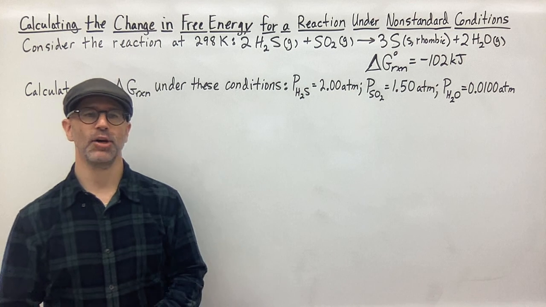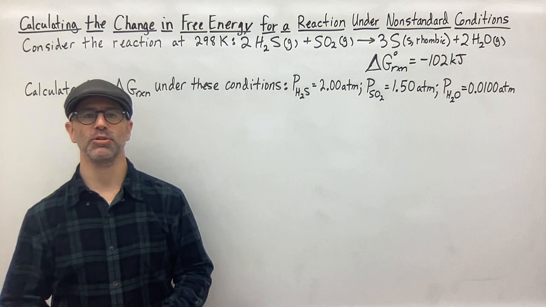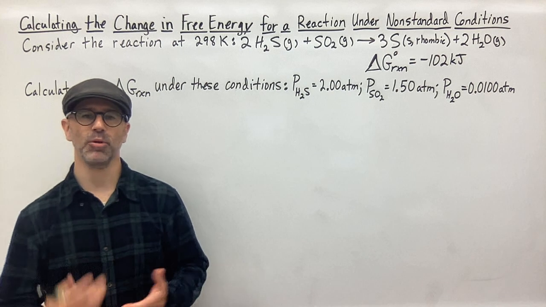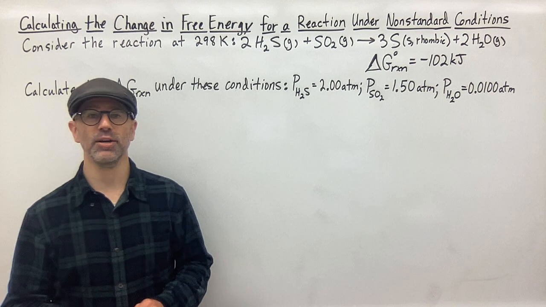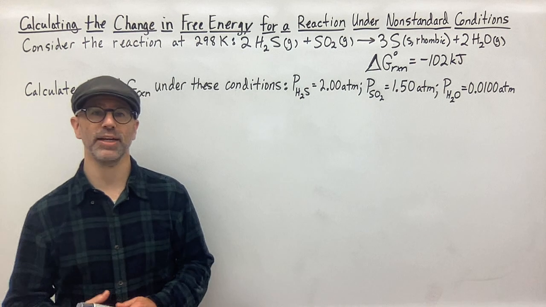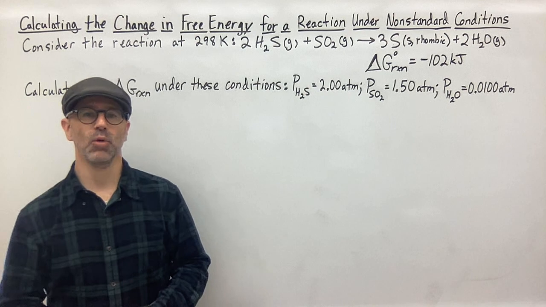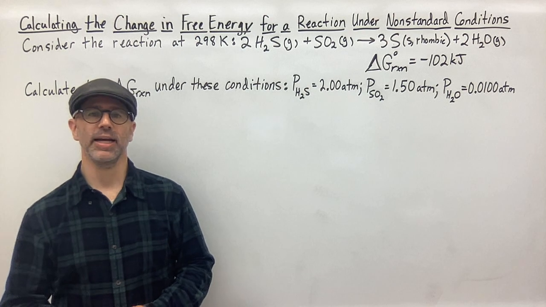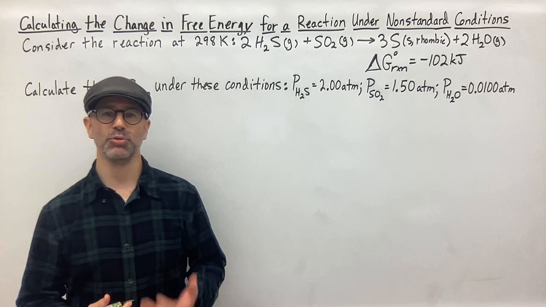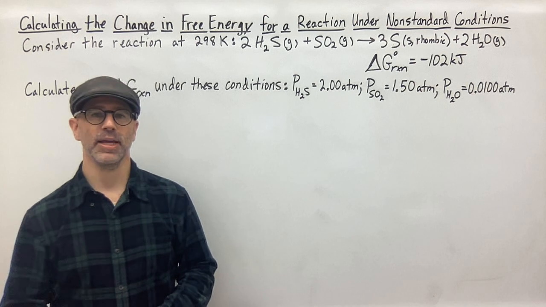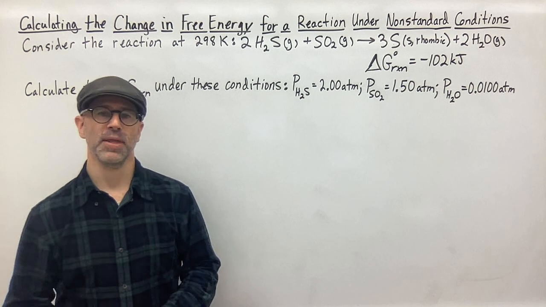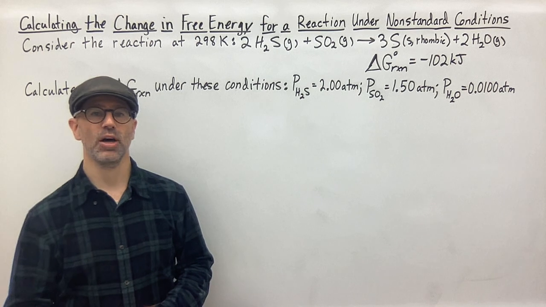So in my last video, I did a problem. So now in this video, I'm going to do another problem to try to help you out a little bit more. In this problem, we are given 2 moles of H2S gas plus 1 mole of SO2 gas, and that's going to give us 3 moles of solid sulfur in the rhombic structure plus 2 moles of water.